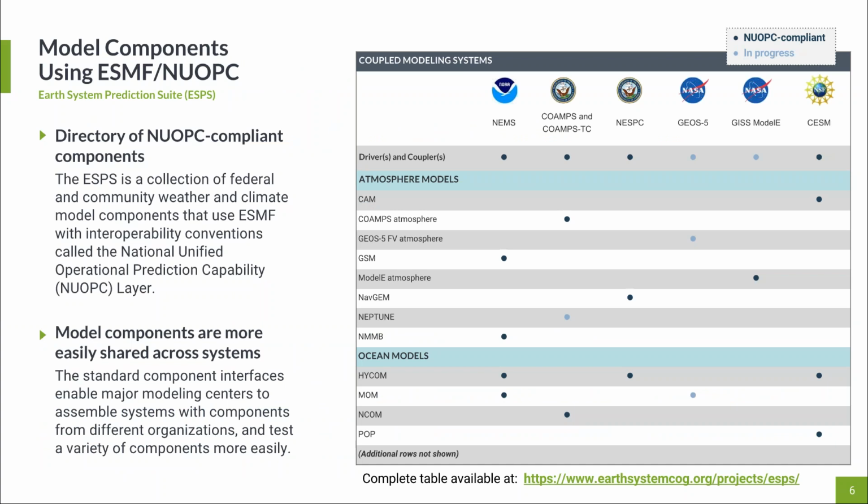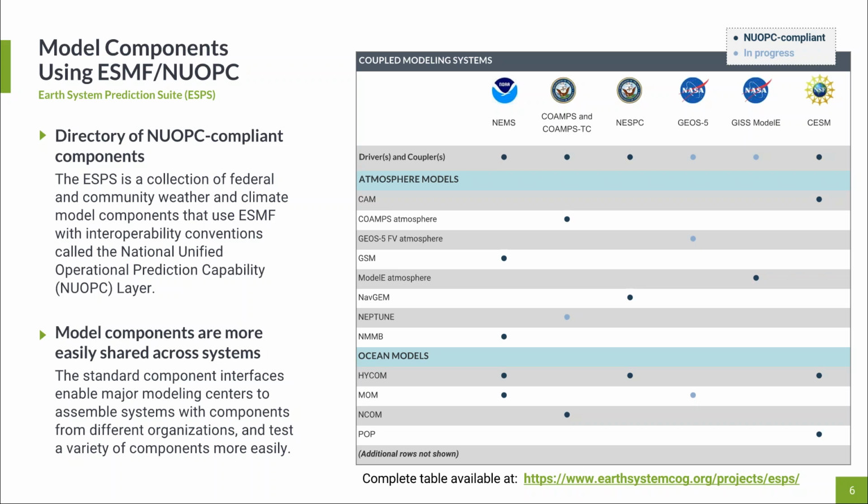You may be wondering, which kinds of model components are out there that are already using ESMF and have NUOPC interfaces. So we have put together a directory called the Earth System Prediction Suite. The link for this is at the bottom, and this is only a part of the full listing available on that site. But essentially, this is a set of atmosphere, ocean, land surface, wave, and hydrology models, I think are the main ones, that we have out there that already have NUOPC coupling interfaces.